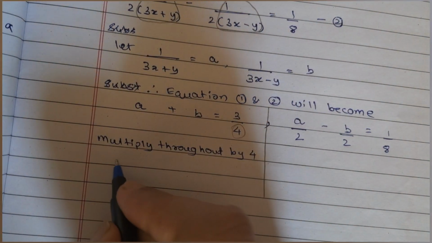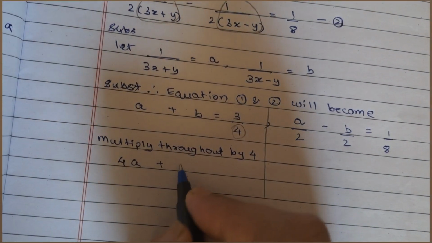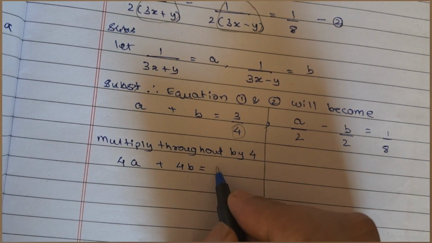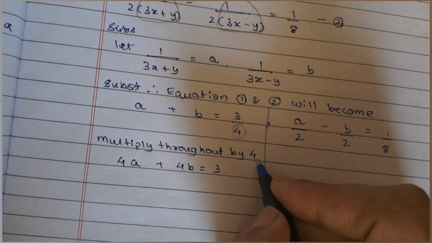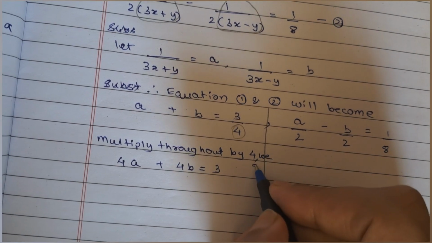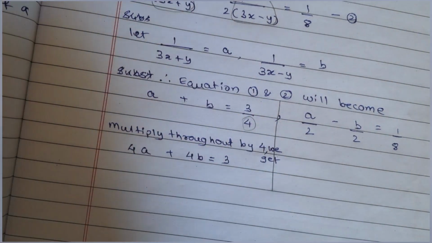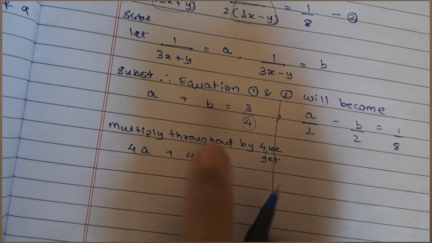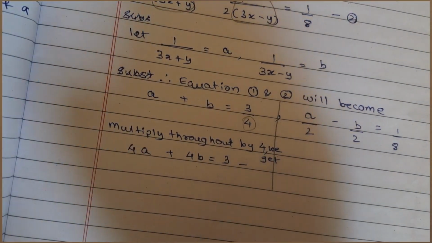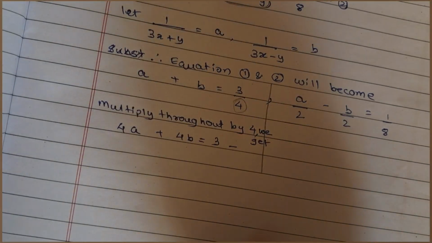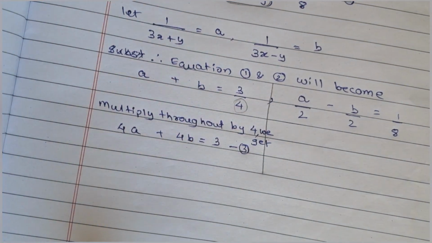So it will become 4a plus 4b is equal to, when I put 4 over here, 4 and 4 will get cancelled, and I will get 3. I will just add a word, 'we get', so that I don't have to show the working. This looks more decent than this, so let me number it as the next number. 1, 2 have already been used, so I will name it as number 3.